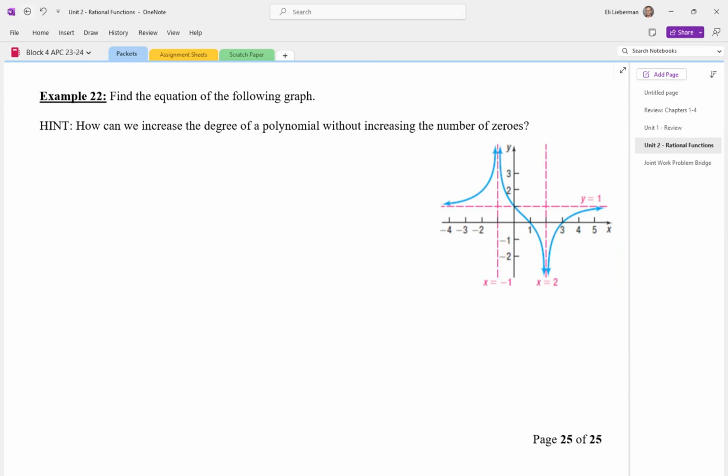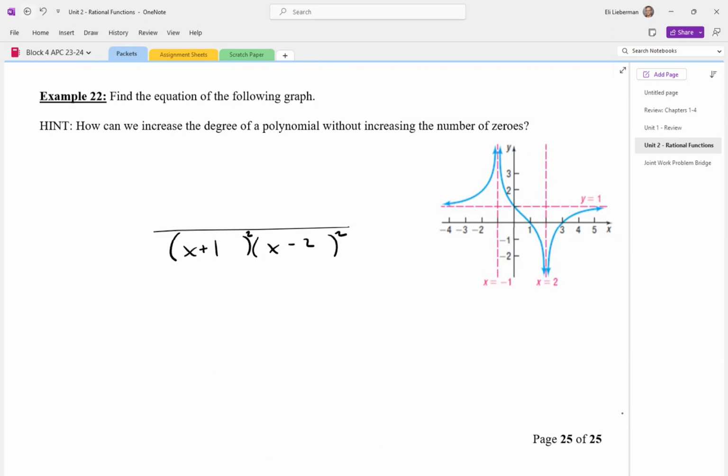For asymptotes, x equals -1 and x equals 2. So you can put those on the bottom of the function. Okay, so I have x plus 1 squared and x minus 2 squared, and you square them because they both are going either in the infinity direction or the negative direction on both sides.